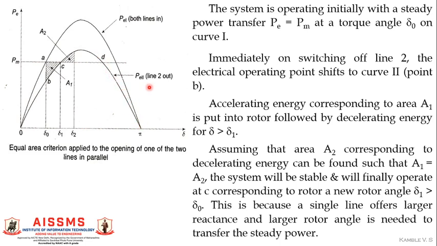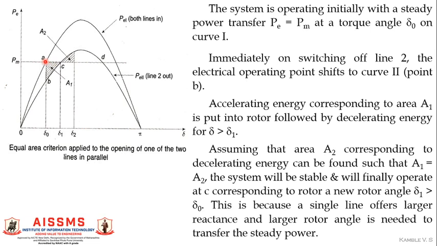This curve is for PE2, that is when line 2 is out of service or disconnected from the supply. So from this point the power will come to the point B, that is the power delivered, PE2, at this angle corresponding to delta 0. PE2 will be at point B, and it is clearly seen that this power PE2 is lesser than PM, which is present when both the lines are in the circuit.